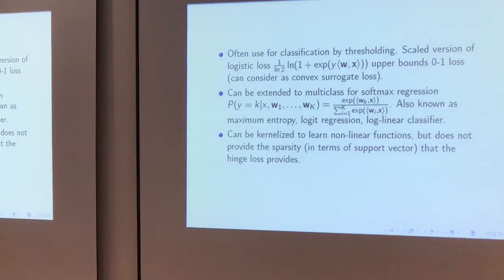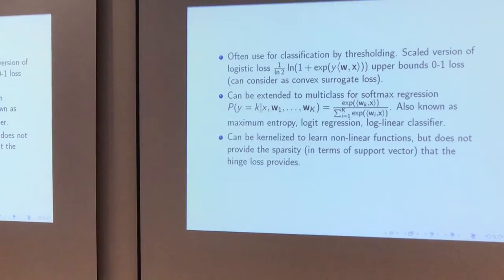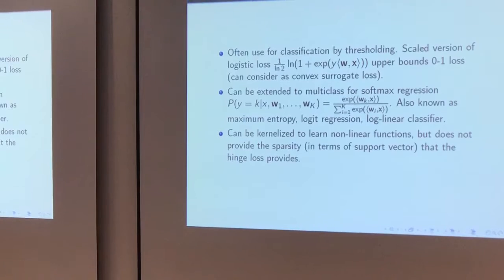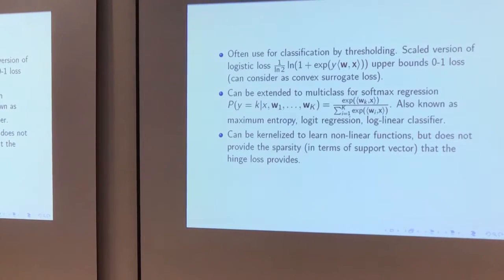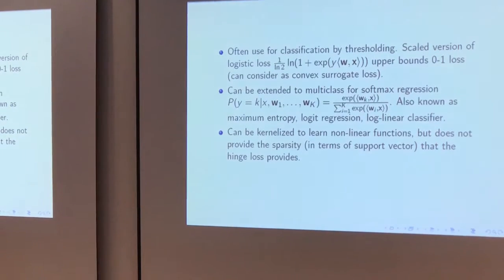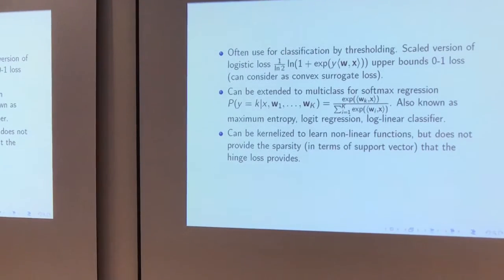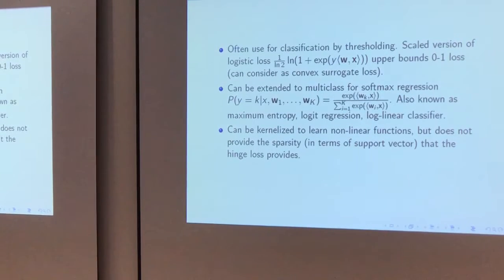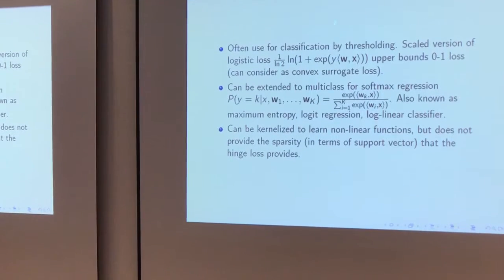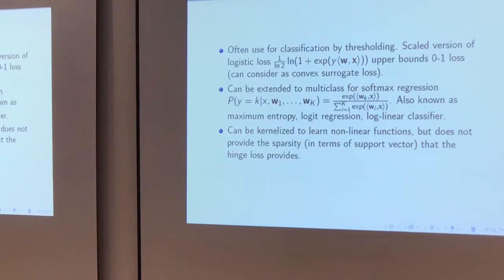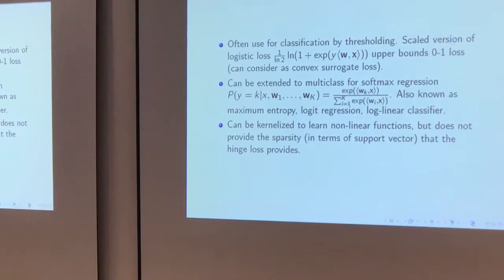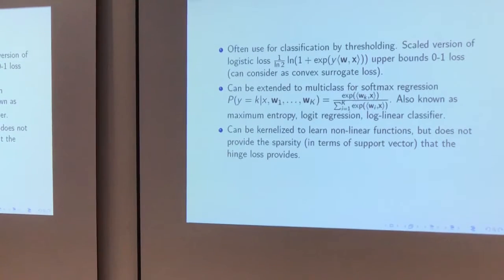If you're interested in classification but the data is noisy, minimizing the classification error on the training set is computationally difficult. So one trick is to use a different loss function that upper bounds the classification error, the 0,1 loss. Logistic loss has those properties.